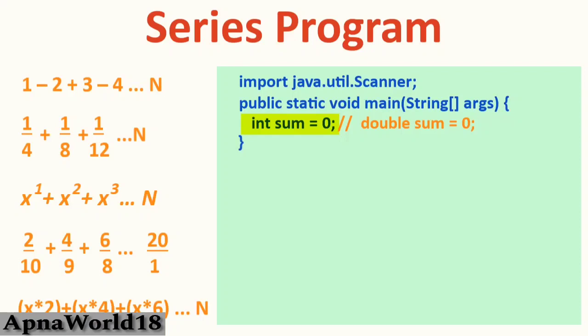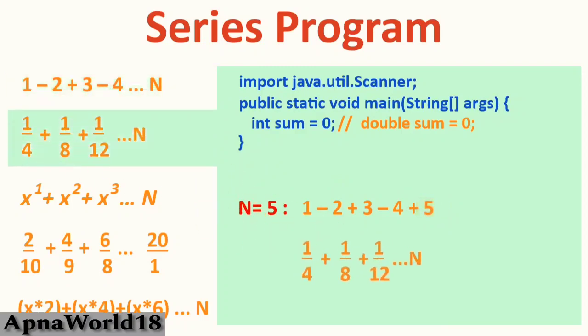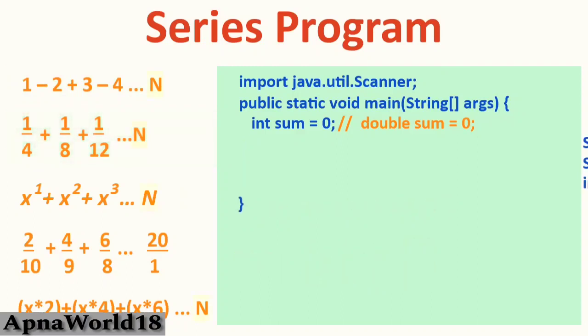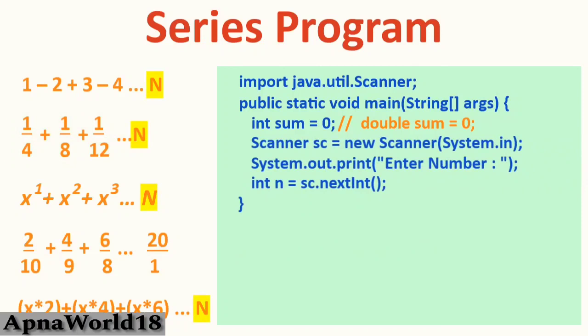Now in most of the sum of series programs, you have to find the sum of n terms. Like for example, in this series, n can have a value of 5, meaning 5 terms need to get added. Or here n can take value 4, meaning 4 terms of the series need to get added. This n is usually taken in from the user, or it might be provided in the question itself, like in the 4th series over here.